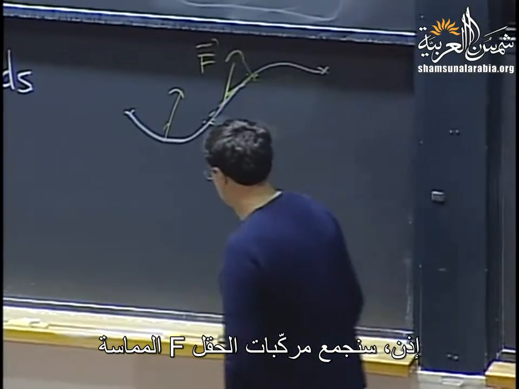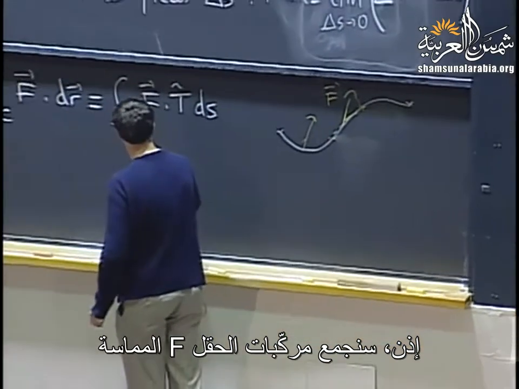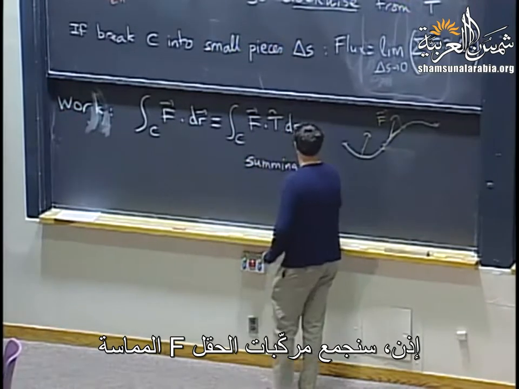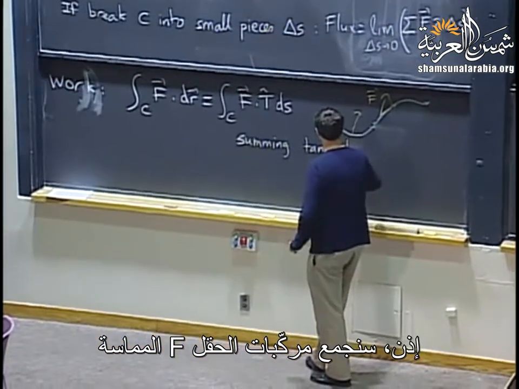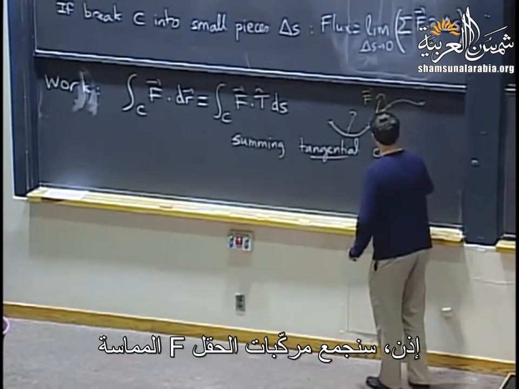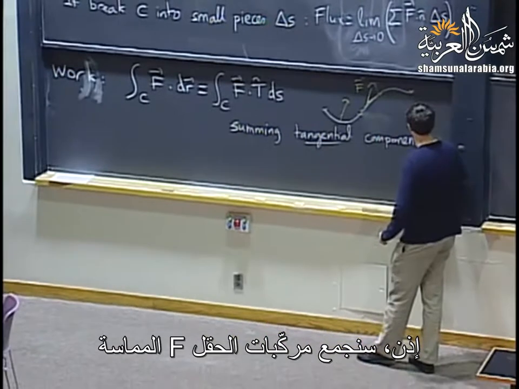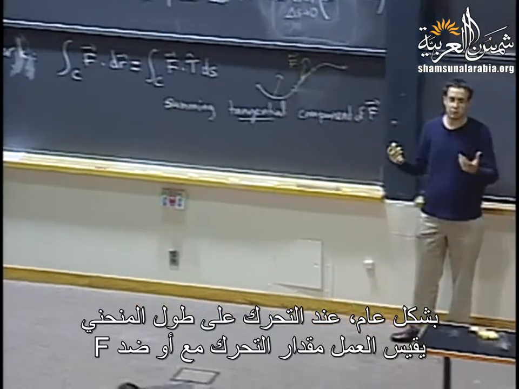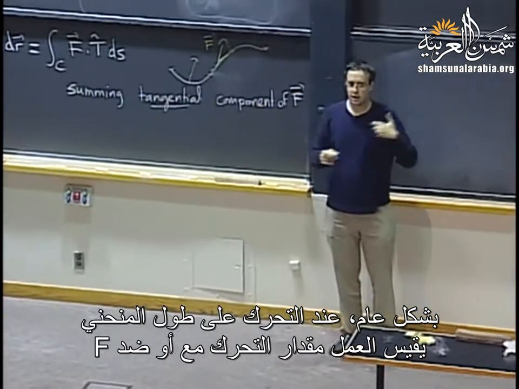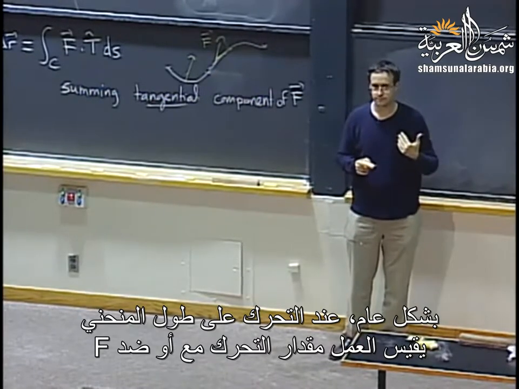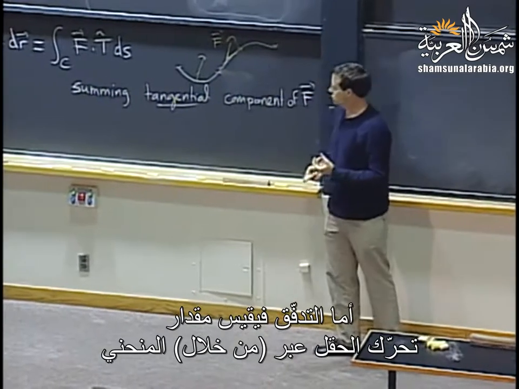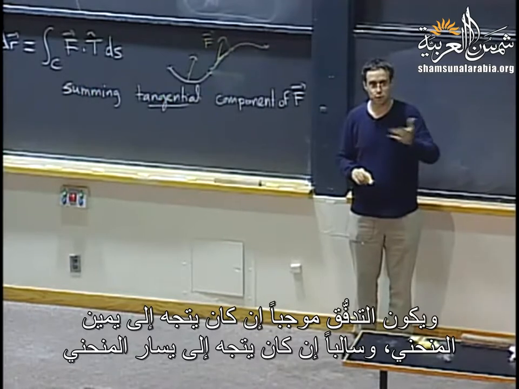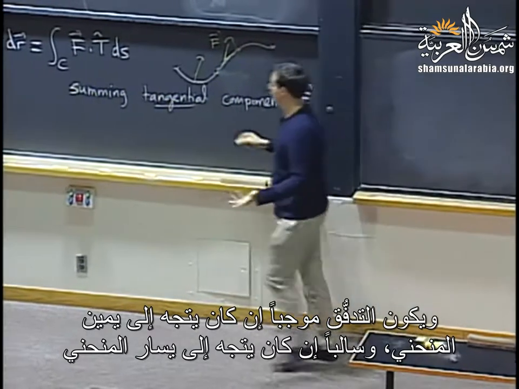So I'm actually summing the tangential component of my field F. Roughly speaking, the work measures, when I move along my curve, how much I'm going with or against F. Flux, on the other hand, measures, when I go along the curve, roughly how much the field is going across the curve, counting positively what goes to the right, negatively what goes to the left.